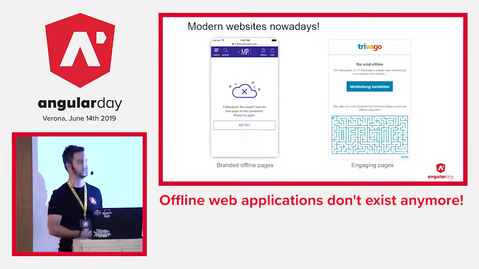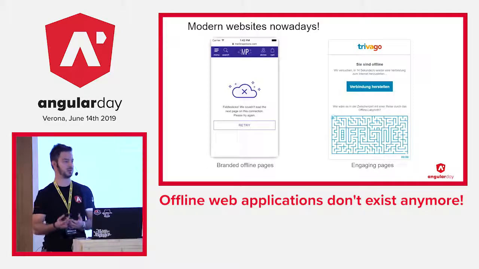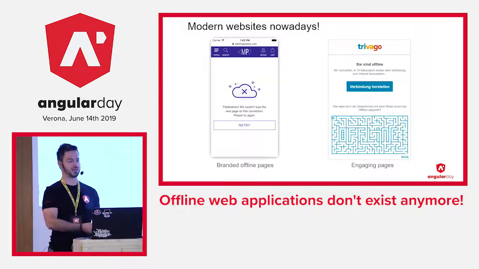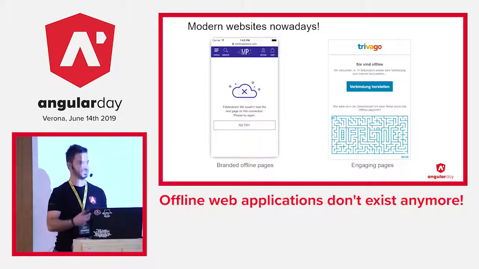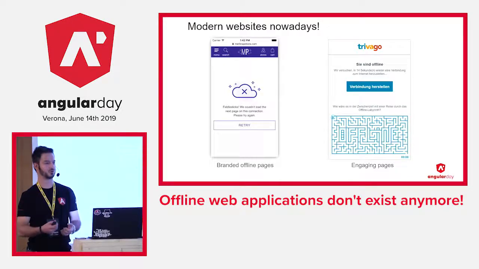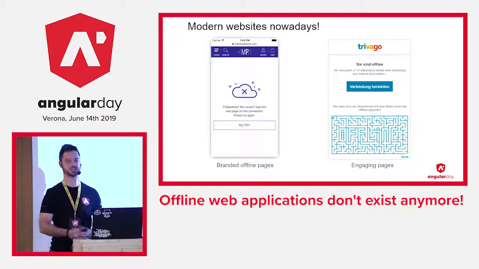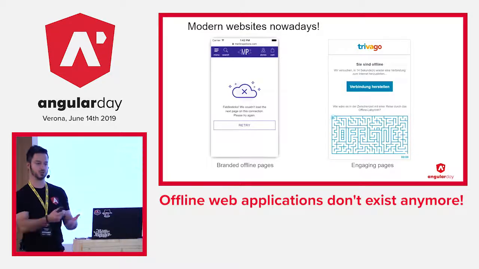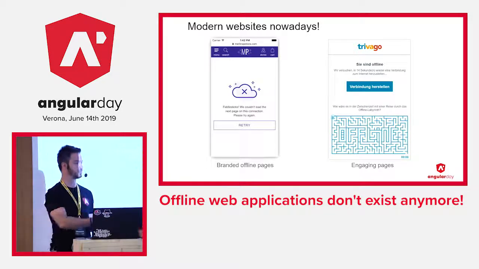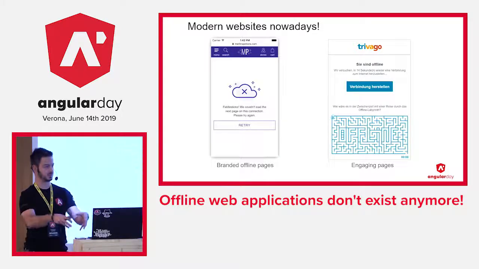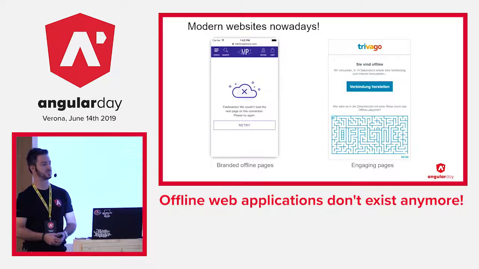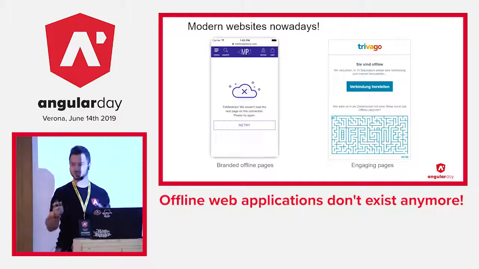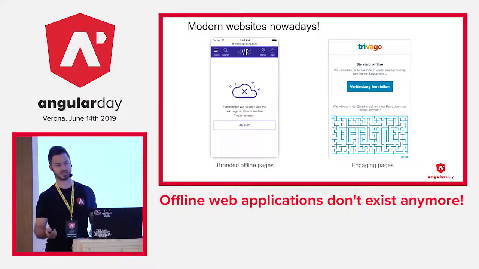For example, Trivago, if you access the website and you are offline, allows you to play a labyrinth game. This is quite an interesting idea because the attention of the user is kept on the application, so that hopefully your connectivity will soon be restored, and you are already on the website. So Trivago, with this little game, would not lose a potential customer.